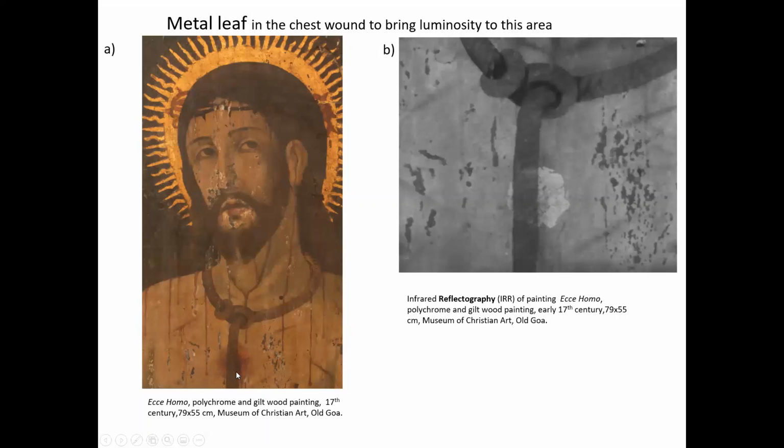We cannot see it by naked eye because there is red lake over it, but when this painting was finished, this shining, this intentional luminosity given by the metal leaf would probably be really easy to see.